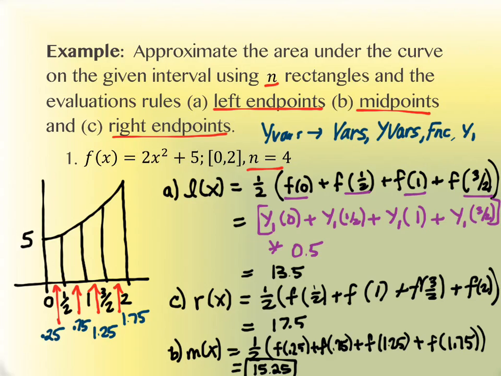Mm-hmm, I did. Does that match what you guys are getting? Look good? All right, I want to make sure. On your homework, as it's listed at the bottom, what does it say? Somebody tell me what it says on the homework. 3, 6, and 7?